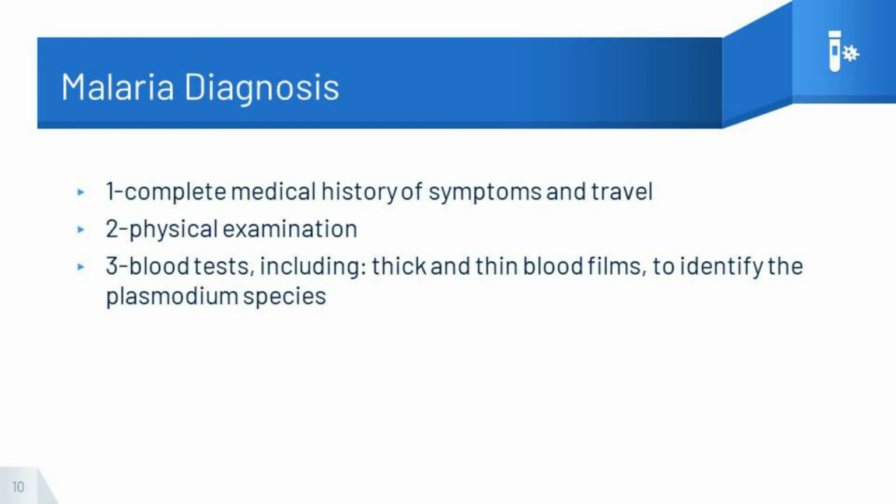And lastly, you will have your blood test that will include the thick and thin blood films in order for you to identify if you have the Plasmodium species in your body. So this is responsible for infection and for the detection of the schizonts, the gametocytes, and also the ring stage of the Plasmodium falciparum, also known as malaria.